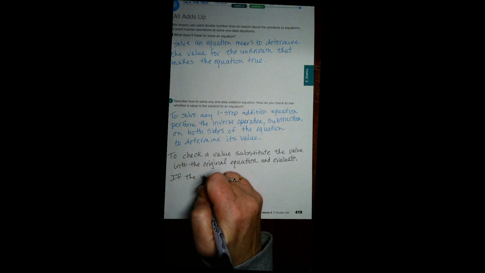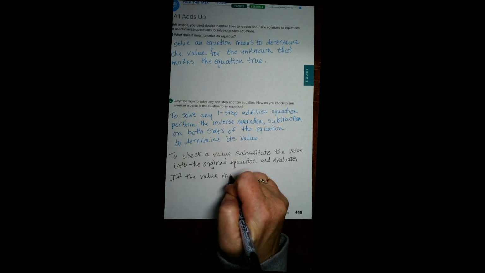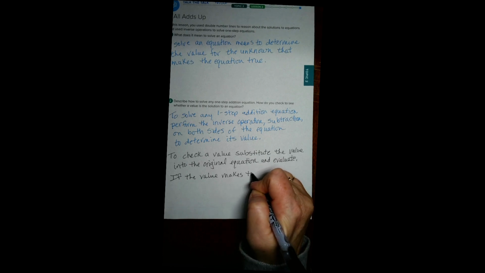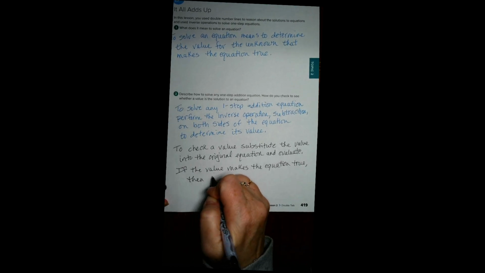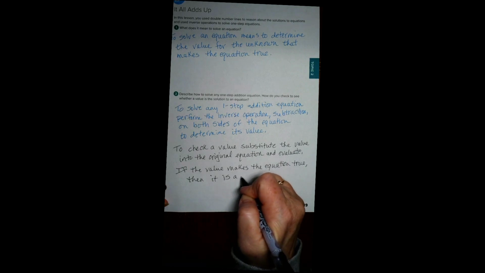If the value makes the equation true, then it is a solution.